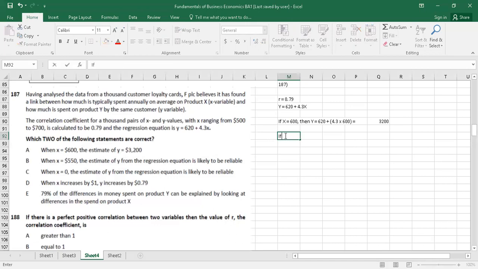So next, let's check the other one also. If x is equal to 550, then y is equal to 620 plus, in bracket, 4.3 into 550.